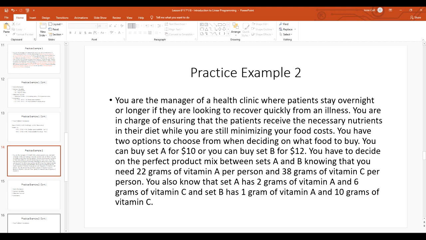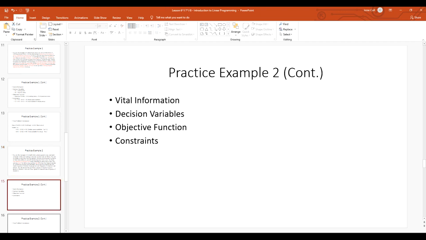You have 2 options to choose from. Key information. You can buy set A, set B. These are our 2 choices, which makes them our decision variables. So let's go over here and write in our decision variables.